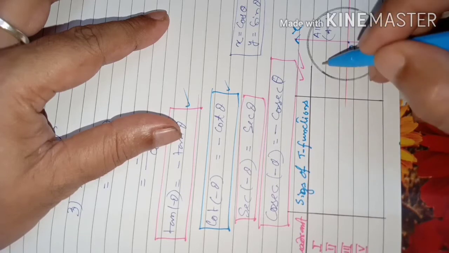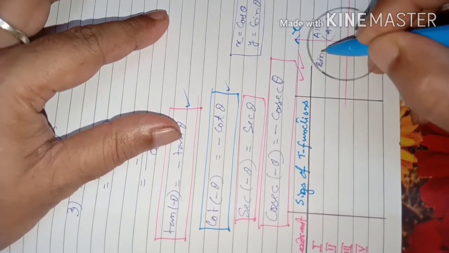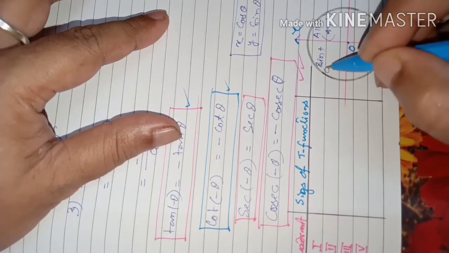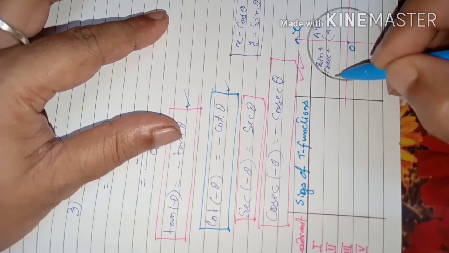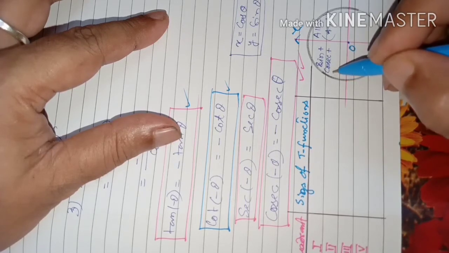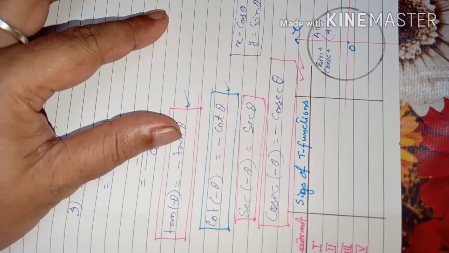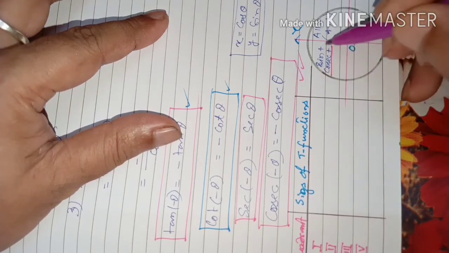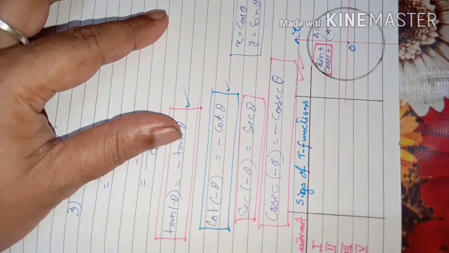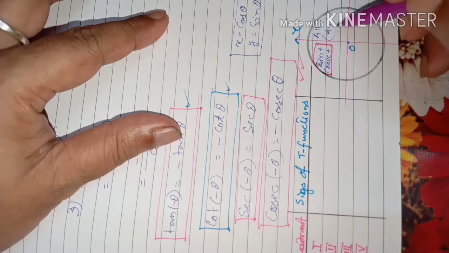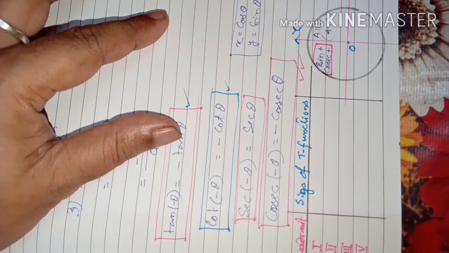Sine will be positive and cosec, being its reciprocal, also will be positive, and all others are negative. I will not write the others, because it is understood that when sine and cosec are written, the others are negative here. Okay. In the first quadrant all are positive, no need to mention each one again.